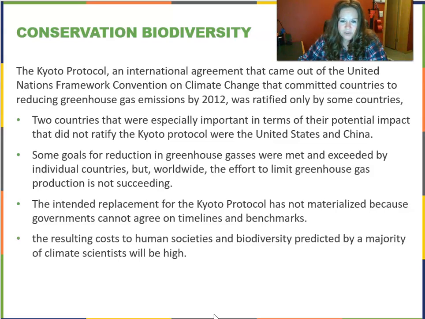Some goals for reduction in greenhouse gases were met and exceeded by some of the individual countries, but worldwide, the effort to limit greenhouse gas production is not succeeding. The intended replacement for the Kyoto Protocol has not materialized because governments cannot agree on timelines or benchmarks. So the resulting cost to human societies and biodiversity predicted by a majority of climate scientists will be high.